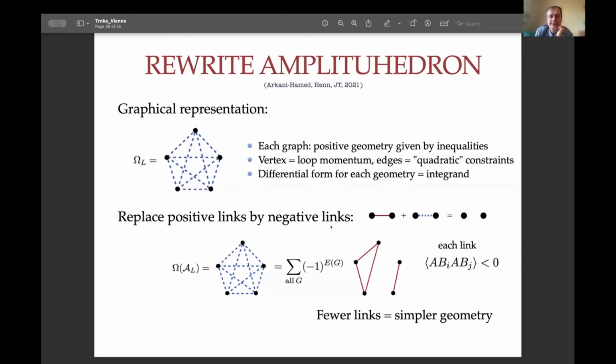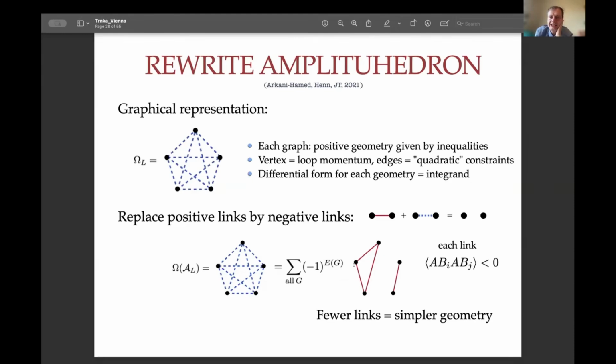So using just this simple replacement, we can replace all the dashed lines, which represent the positive inequalities, in terms of solid lines representing the negative inequalities. So instead of one diagram, one geometry, we get a sum of many geometries. And here we should think about the picture being the canonical form on the geometry. So we get a sum of many with some signs. Each link is this negative inequality.